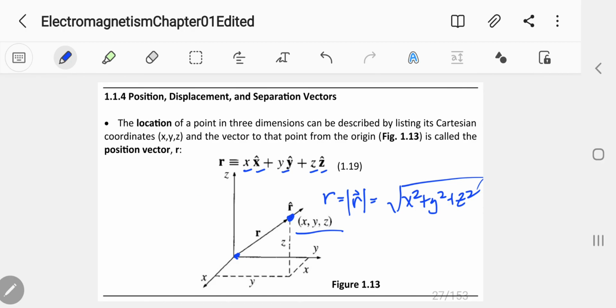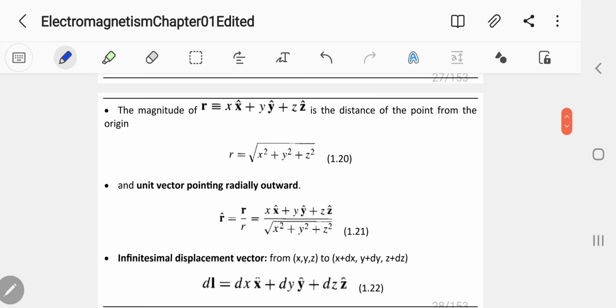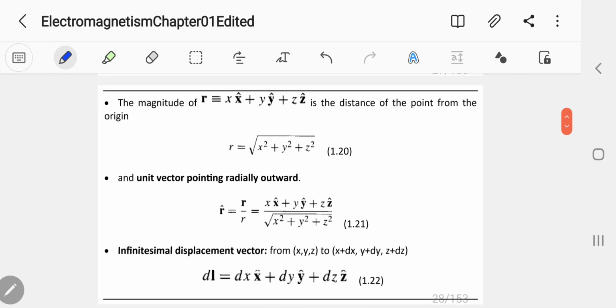The location of an object or a point is a vector quantity. You have r and some direction x hat, y hat, and z hat. The magnitude r is the distance of the point from the origin.